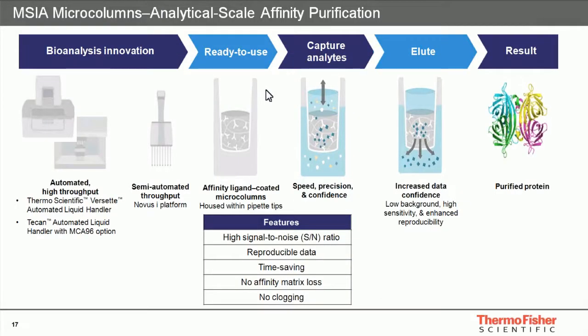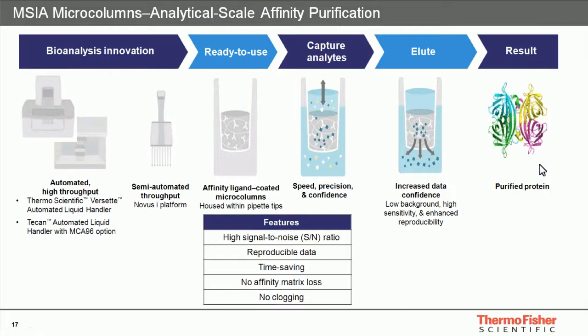If we look at the resin evaluation, these are the MSIA microcolumns. They are ready-to-use affinity capture devices for use in bioanalysis of protein and peptide. These columns are based on a proprietary monolithic chemistry that is densely coated with affinity ligands, and they provide effective and efficient affinity purification of the target proteins that you are interested in.